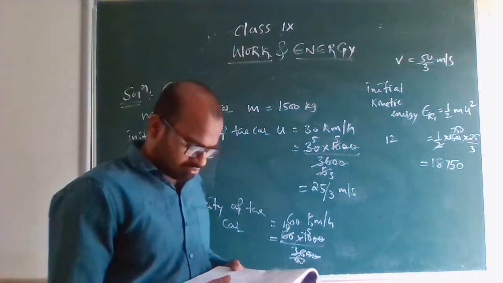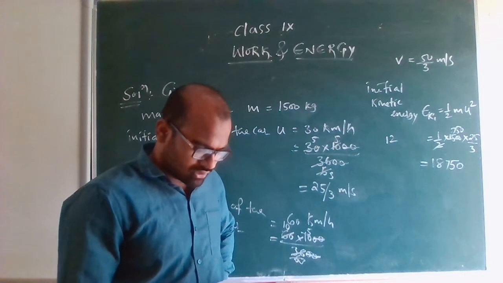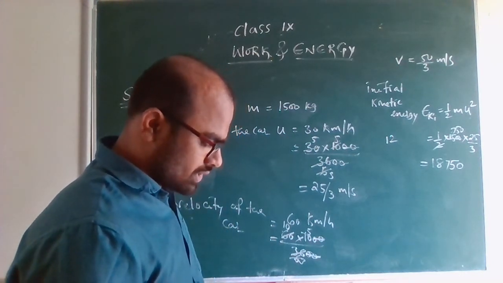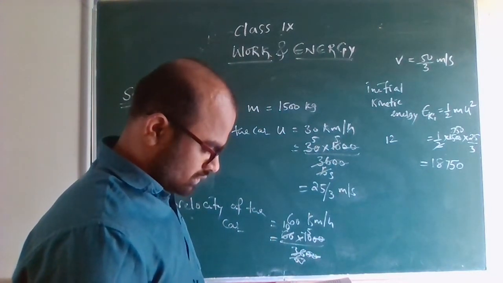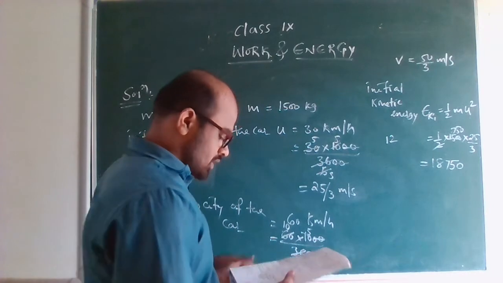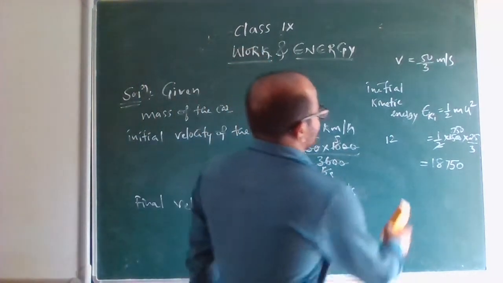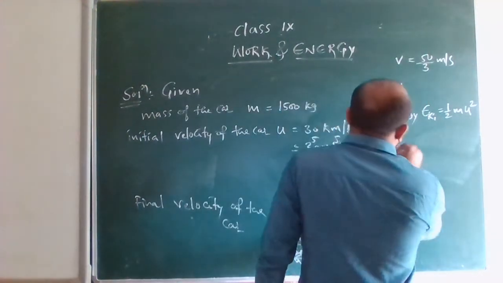How is this possible? 25 by 3, they have kept the 3 there only. 156250. 1500 divided by 3. Let me see it once again. Half is half only. How much is m?